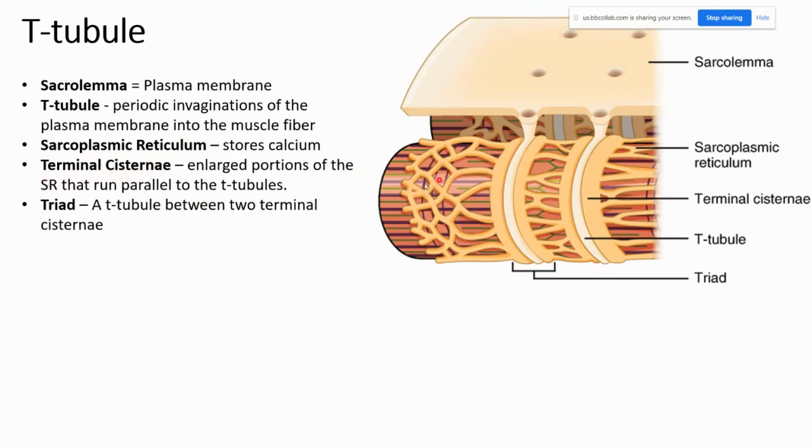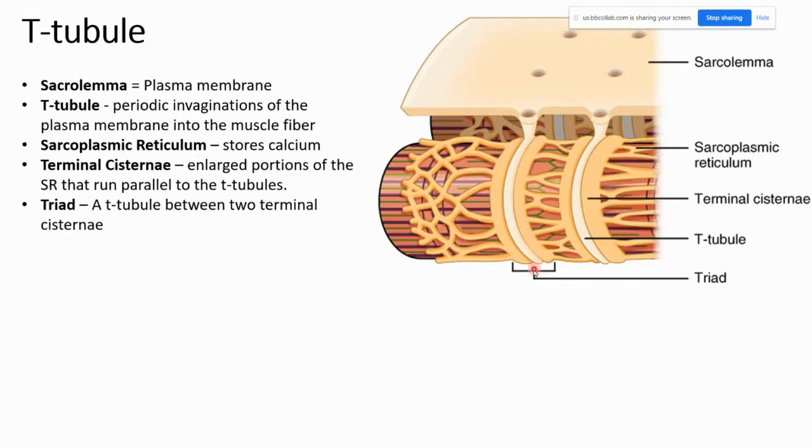So all of these tubes, we labeled them in lab. Those are the sarcoplasmic reticulum. They store calcium. That's their job, store calcium. The sarcoplasmic reticulum gets wider along the T-tubules on either side, parallel to the T-tubules. So there's a lot of calcium stored in the terminal cisternae.